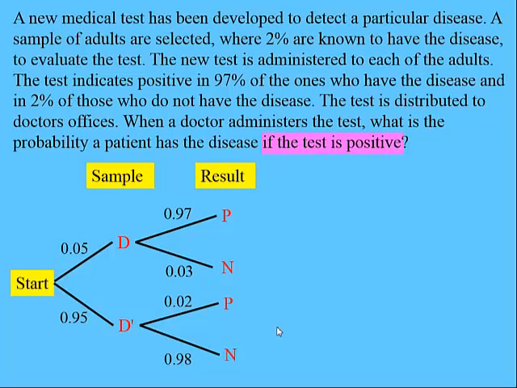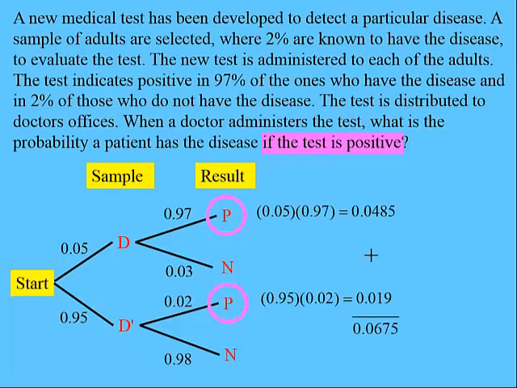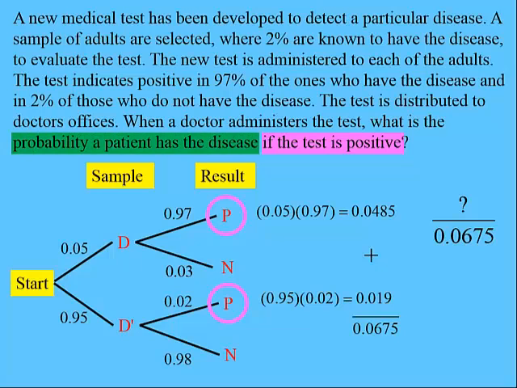And if the test is positive, that tells us to find the branches that end in a positive test. That would be the P's. Multiply out to the ends and add them together. That's the bottom number of the probability. Find the one of those branches that fits the description: patient has the disease.